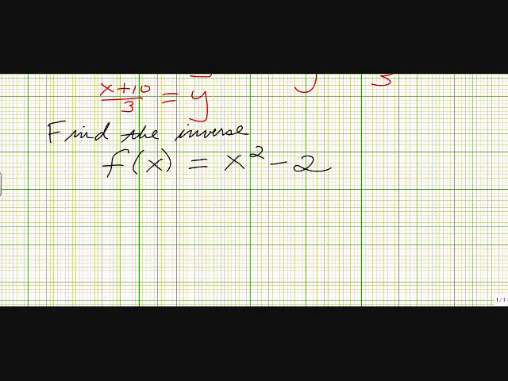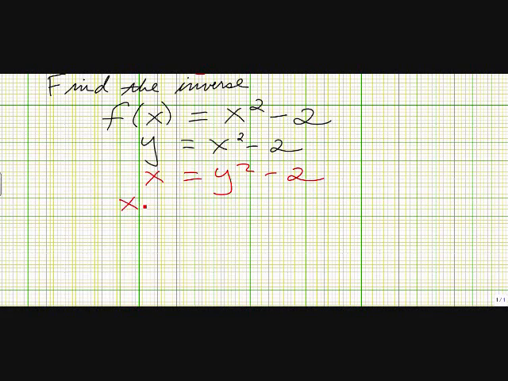Where's the y in this equation? F of x means y. So this function is y equals x squared minus 2. Now, I exchange the x for the y. I solve for the y.